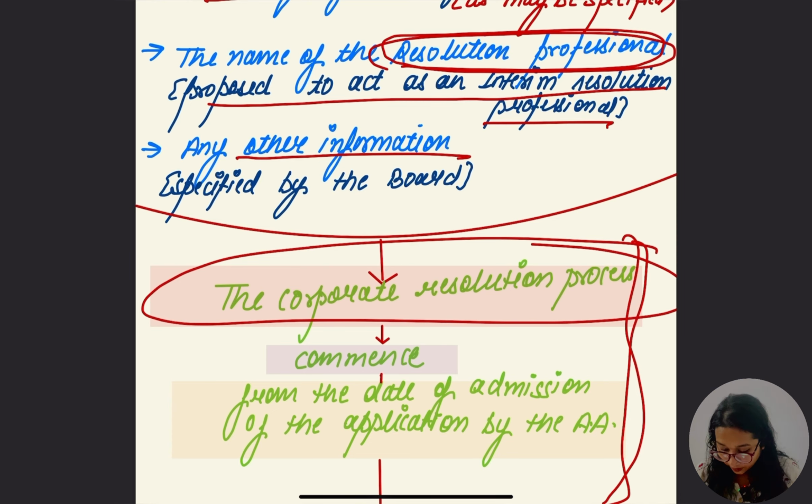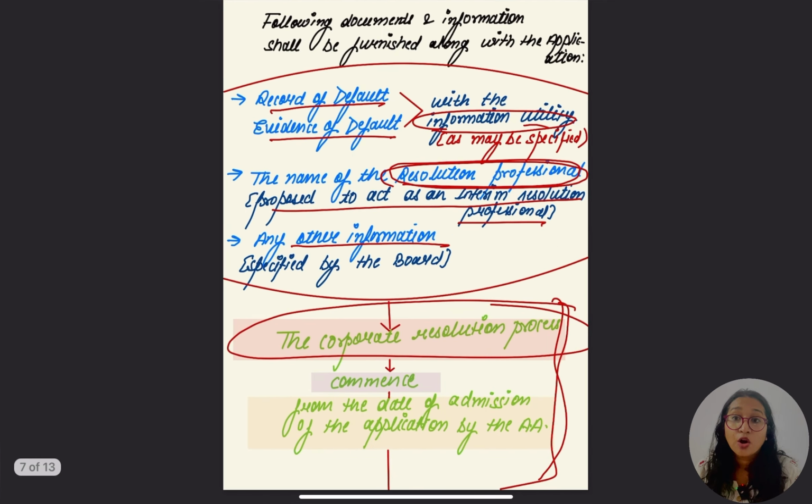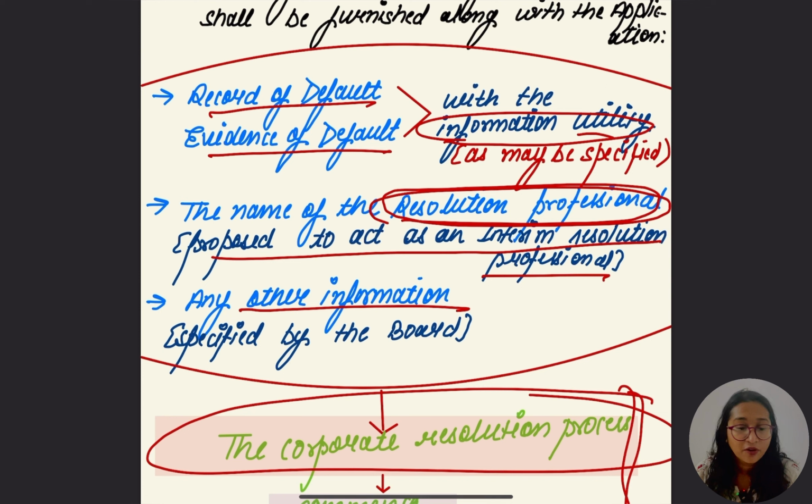What I told you, first of all, the financial creditor either by itself or jointly is going to give the application to the AA, right? Okay, and against whom? Against the corporate debtor. Once the default has occurred, the documents are to be sent with the application. First of all, what? The record of default, the evidence of default, along with the information utilities, which is specified.